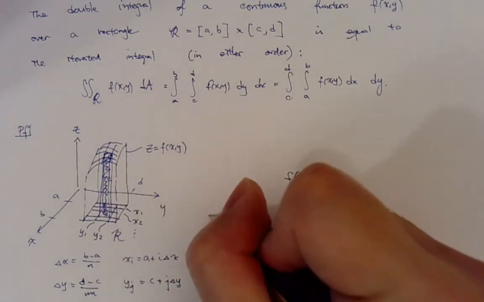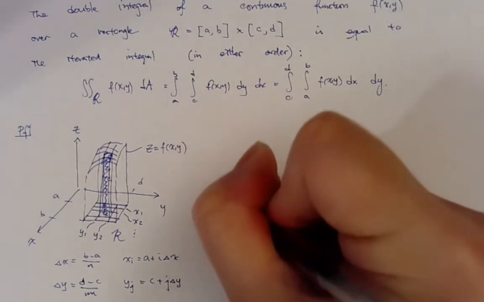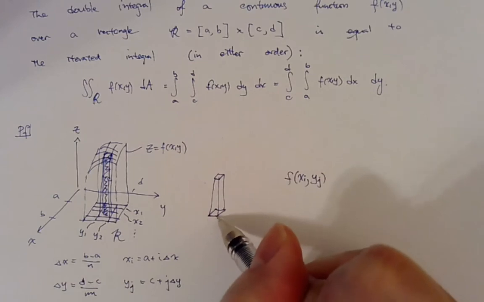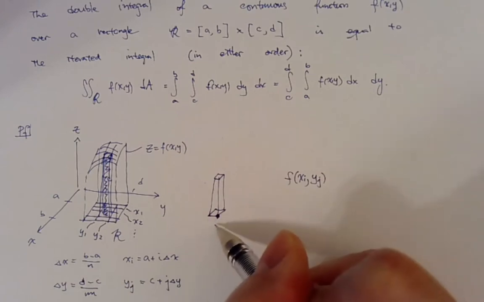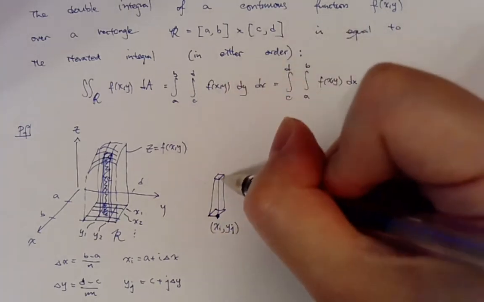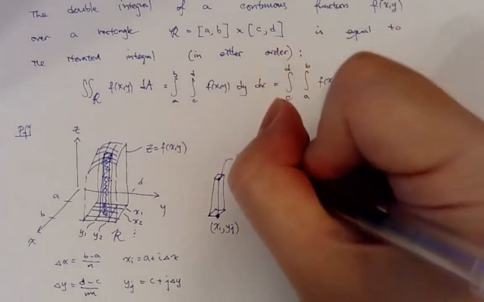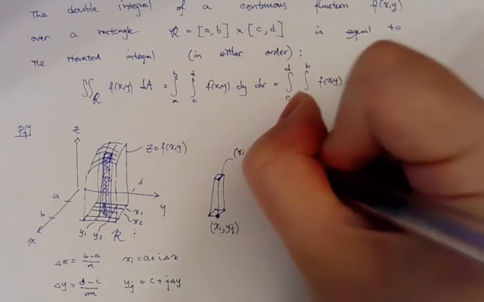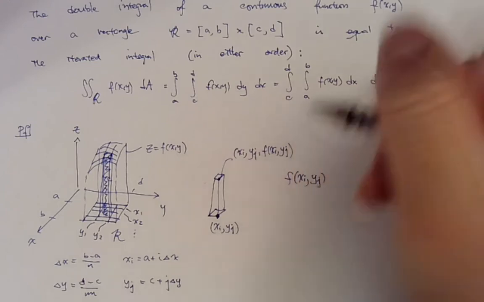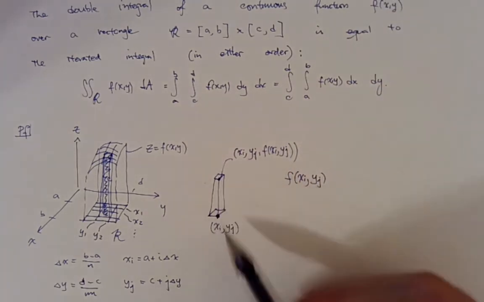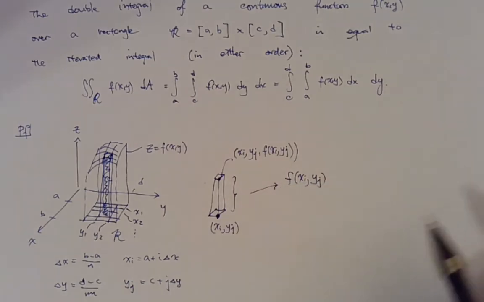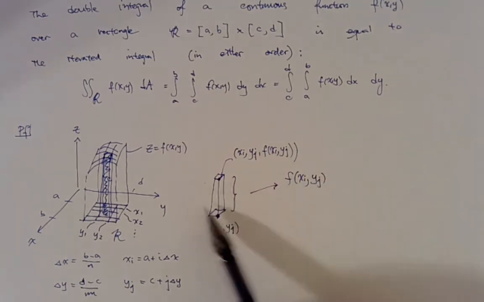So right now we have some piece like this, where this point is x sub i, y sub j, and if we evaluate it at f, then this point is x sub i, y sub j, f of x sub i, y sub j. That's the height of this box.